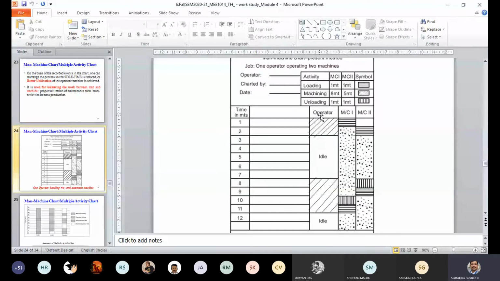Then the third column is operator. In the operator column, he starts his work. So I have made a hatching line. Hatching line means the operator is engaged in machine 1, but machine 1 has not yet started its thread cutting activity. First the operator is doing some setting up operation, that is loading.